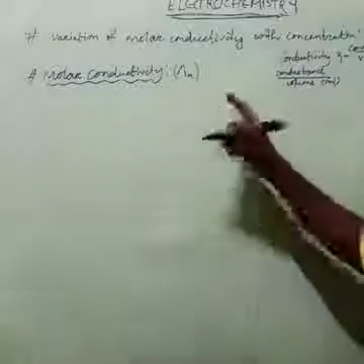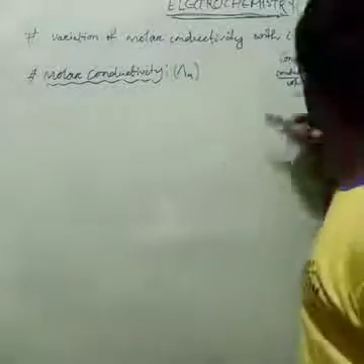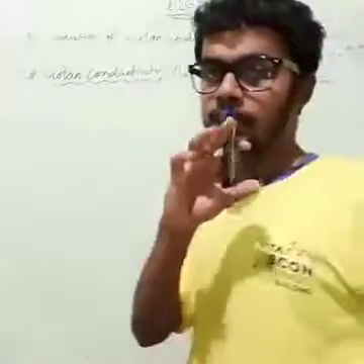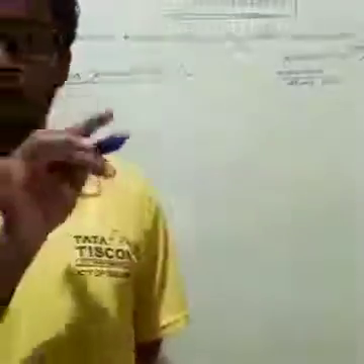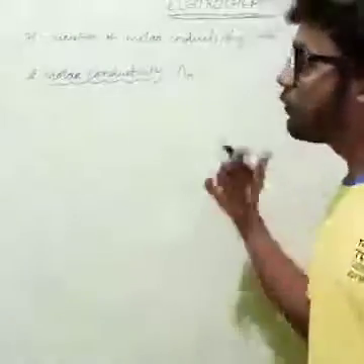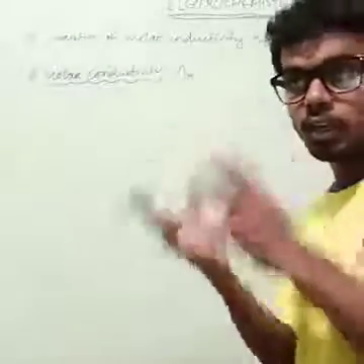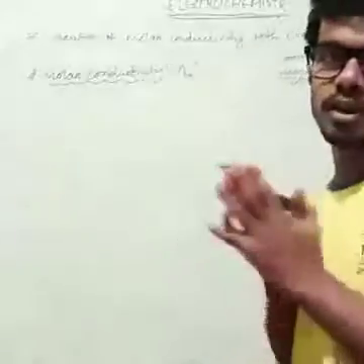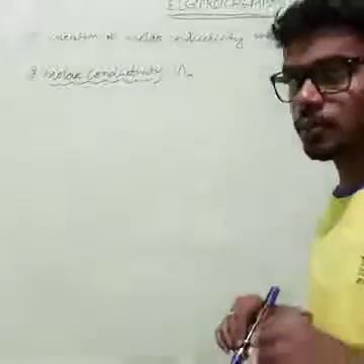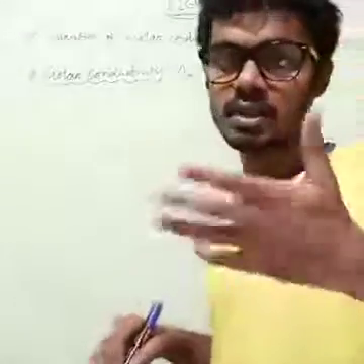Initially we know that the conductance in 1 ml of solution is your conductivity. But that is different with different concentrations. Suppose in 1 ml 100 particles are there, suppose in 1 ml the concentration is different.